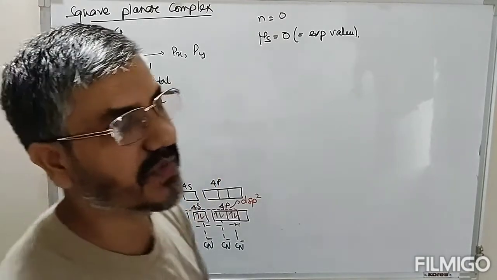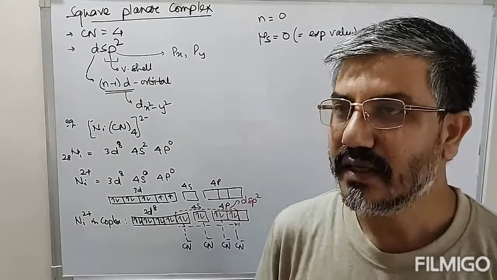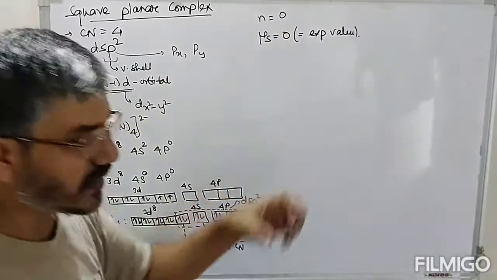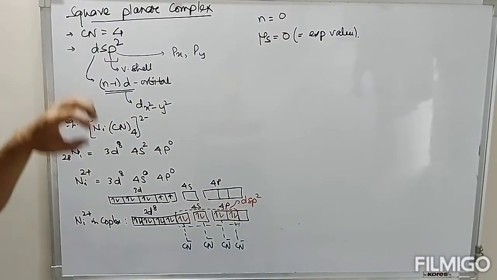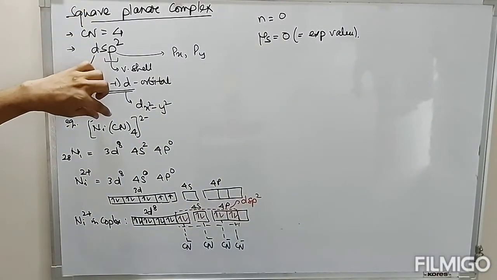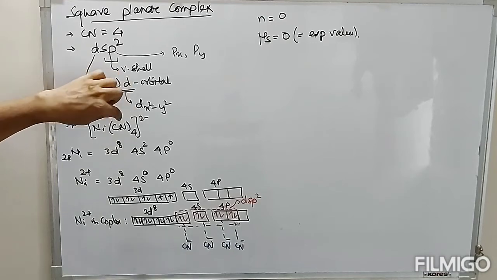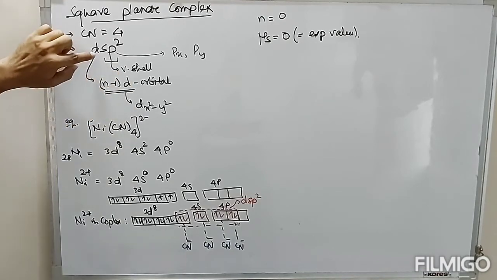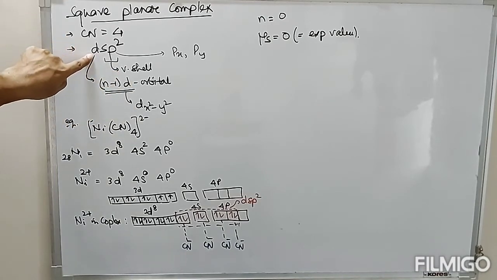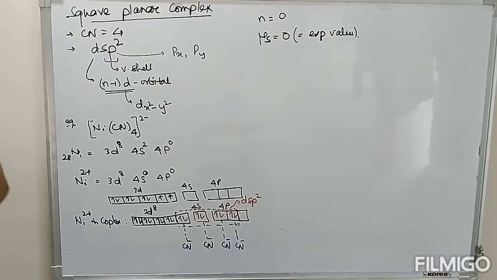Now since the experimental value matches with the theoretical value, we can certainly say this complex [Ni(CN)4]2- is a square planar complex having this hybridization.